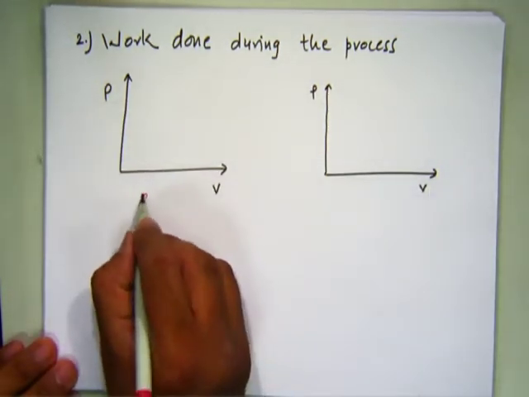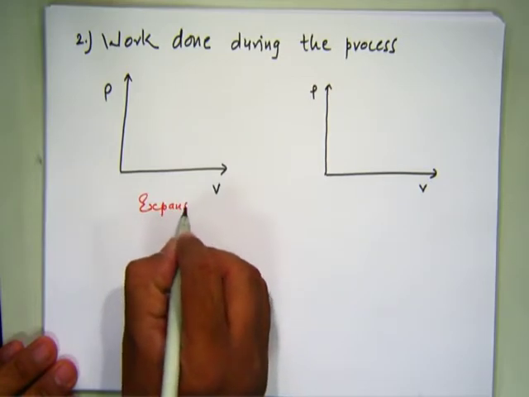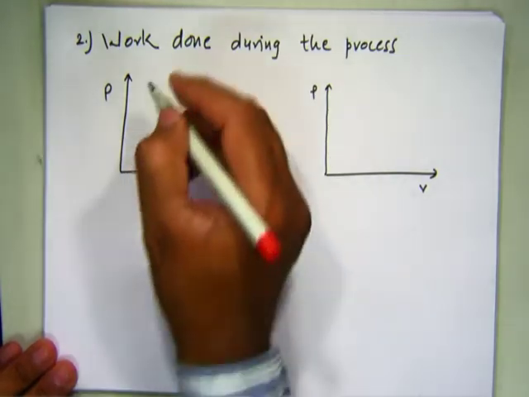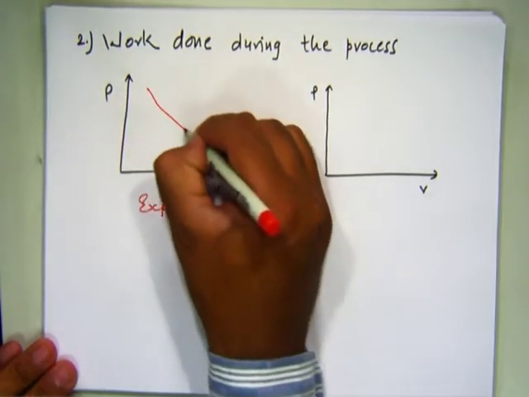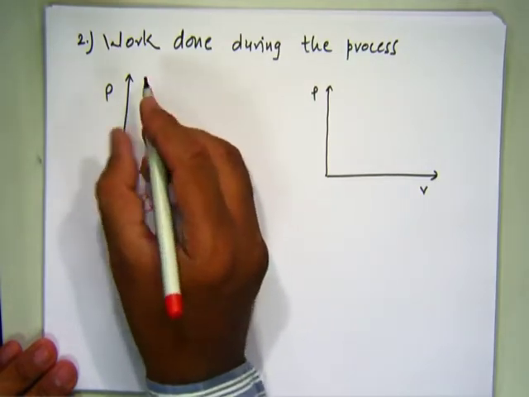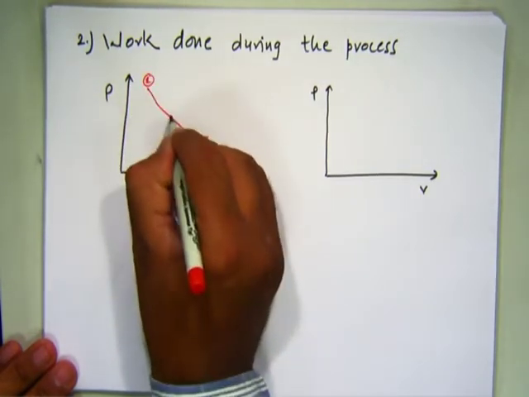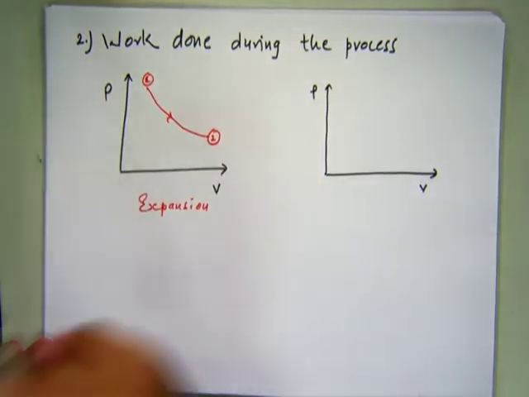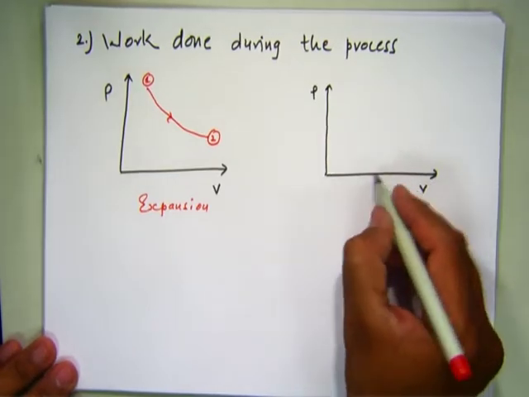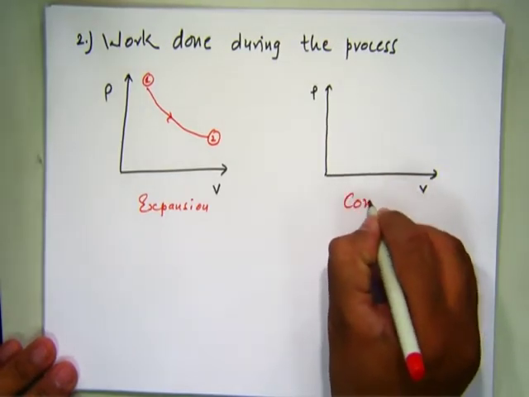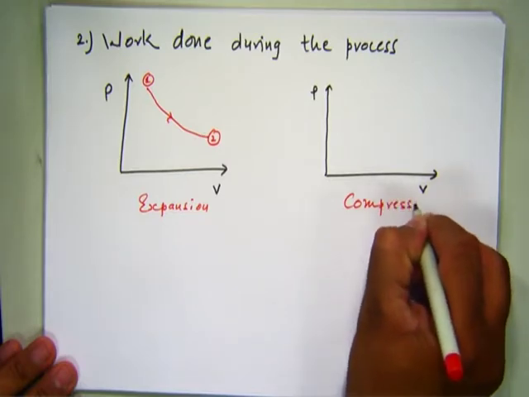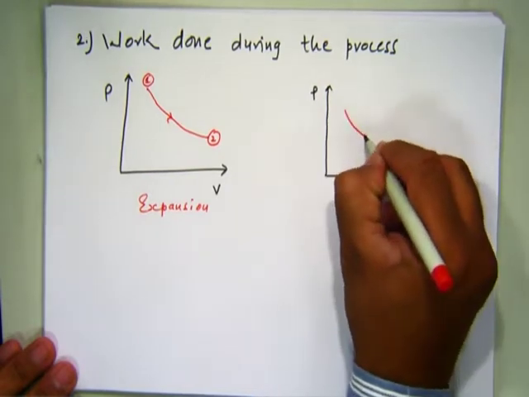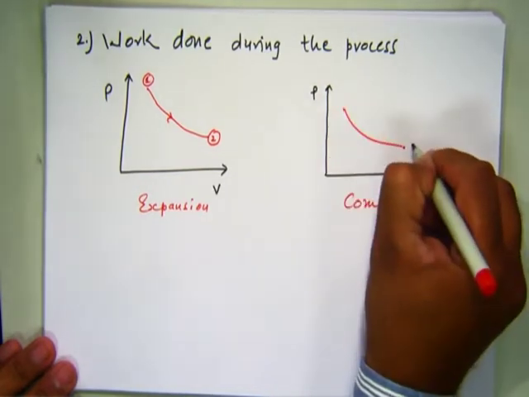When an expansion process takes place, meaning the gas expands inside the cylinder, the process starts from point 1 and goes to point 2. And when a compression process takes place, the process starts from point 1 and goes to point 2.